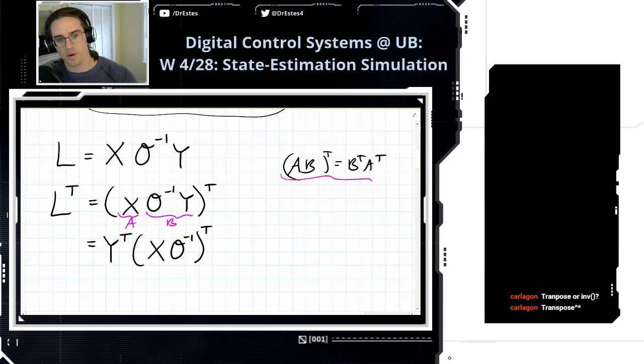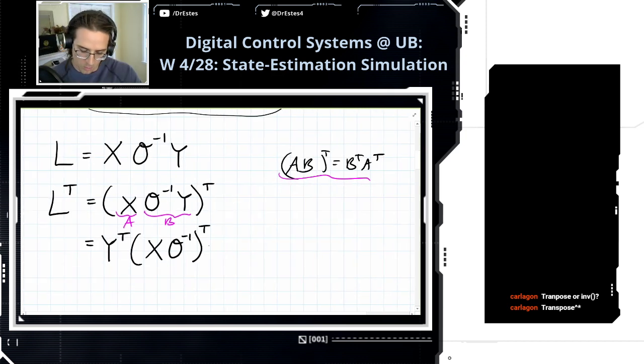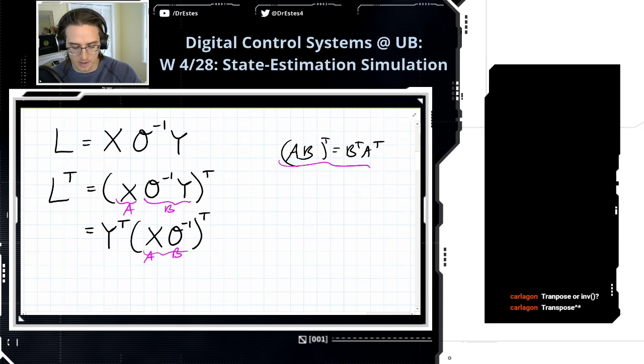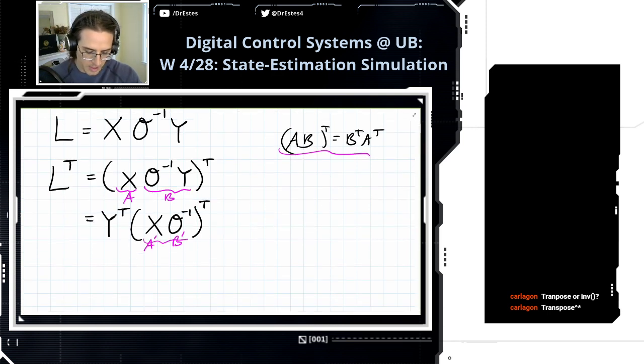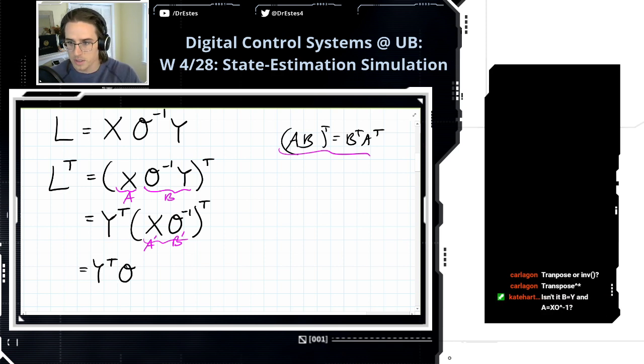You can use this property one more time on this matrix. So you could call this A and this B like a new set, maybe just to distinguish it, A prime and B prime. So you apply that rule one more time and you get Y transpose times the observability matrix.